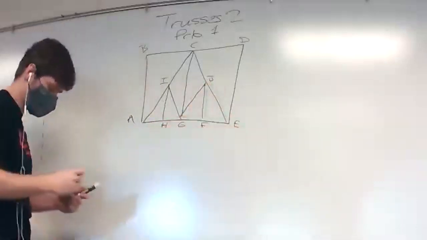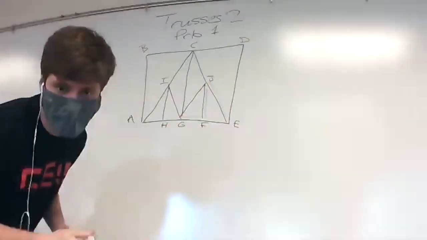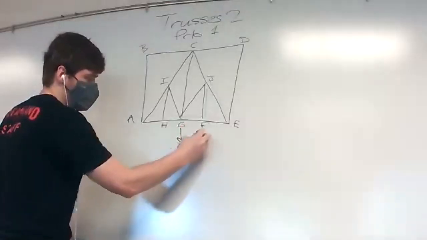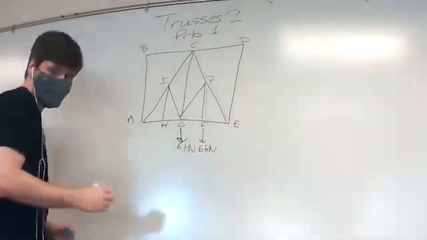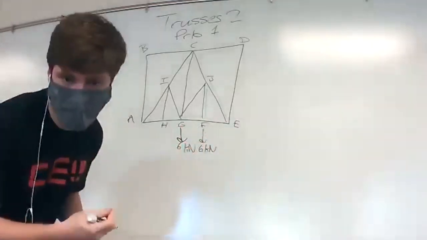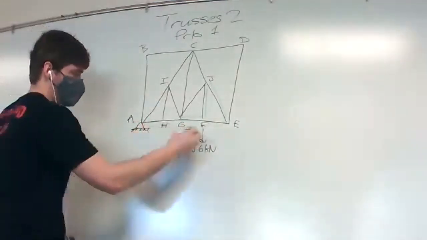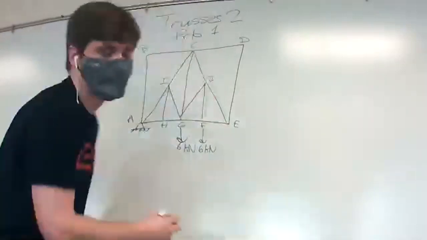So what we're looking for are the tensions in these members, and we're also looking for all the zero force members. There are 2 loads, one here, 6 kilonewtons, and one here, 6 kilonewtons. We're going to have a support, and is that a roller? Yeah.